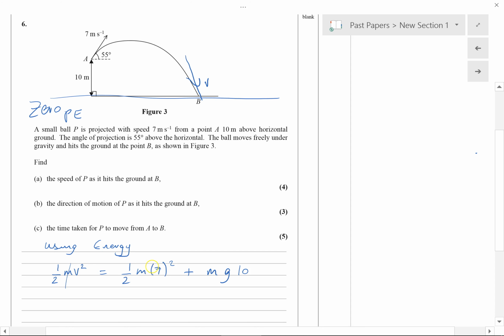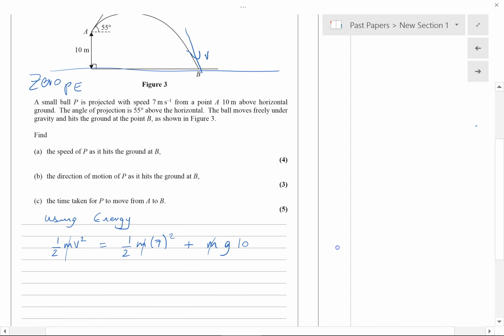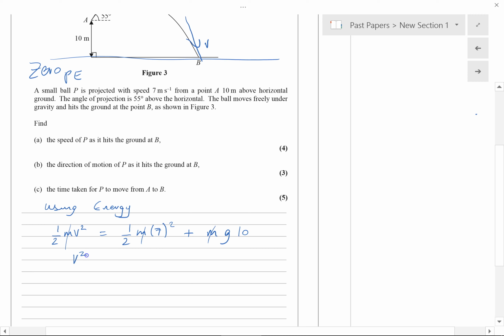Okay, so m cancels. If I multiply through by 2, I get v squared is equal to 49 plus 20g.